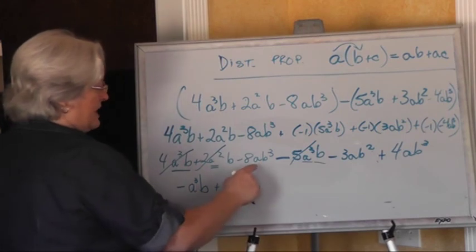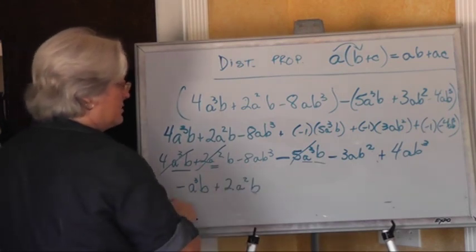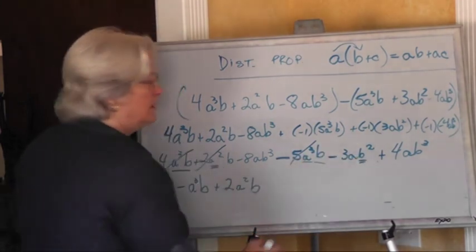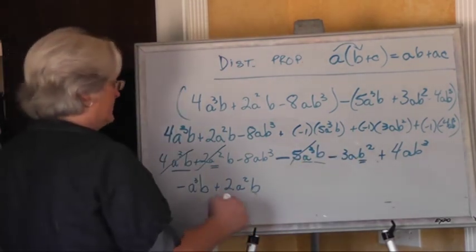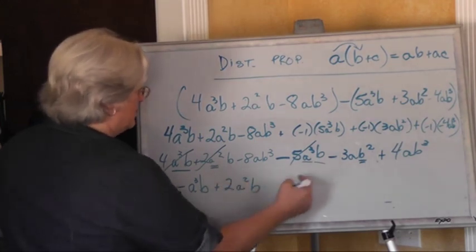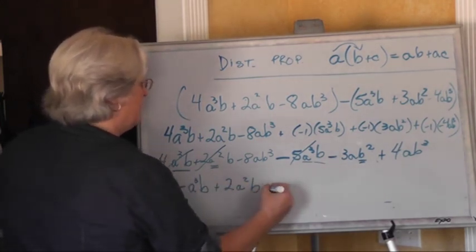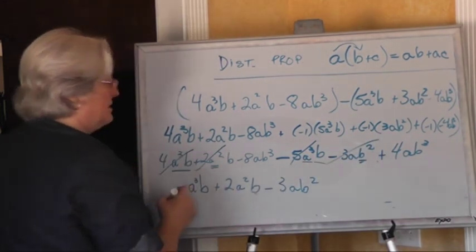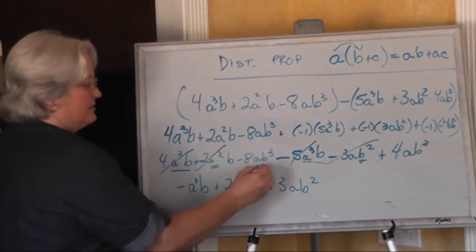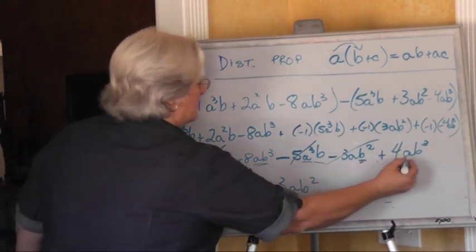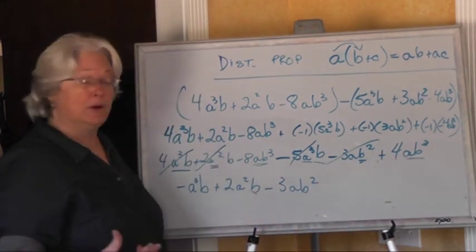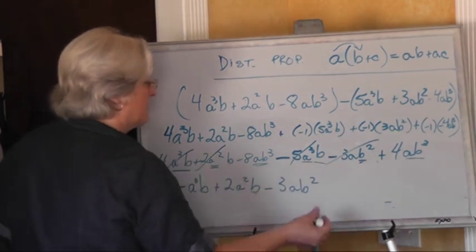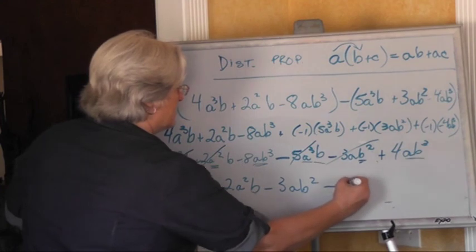Well, let's see if I have an a times b squared. Here's an a times b squared. That's the only one there is. So this is minus 3ab squared. I have these two terms left, ab cubed, ab cubed. They're like terms. We can combine those. Minus 8 plus 4 is minus 4ab cubed.